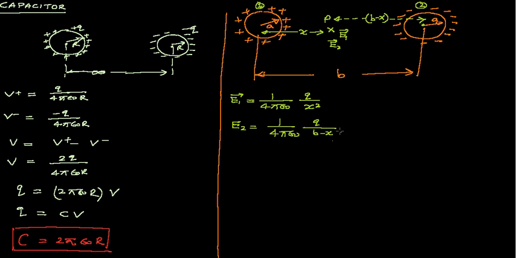The total electric field E will be equal to E1 plus E2. You take 1 by 4 pi epsilon naught common, Q will also be common. You will get 1 by x square, and this minus 1 by b minus x square.